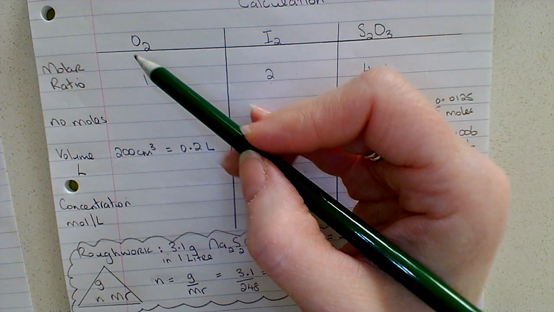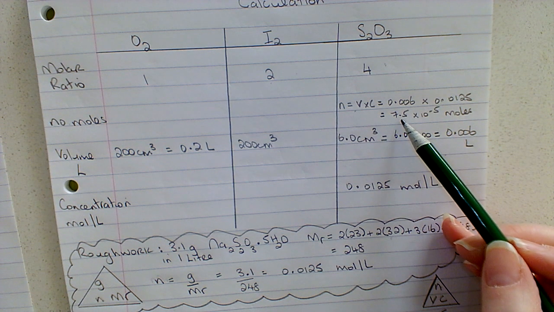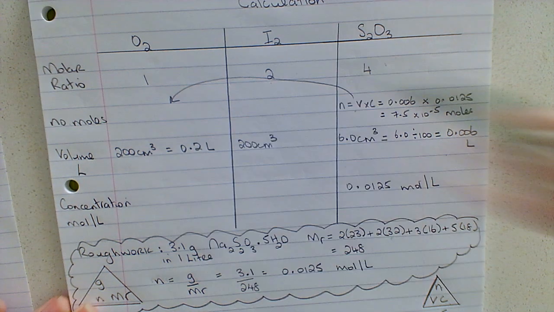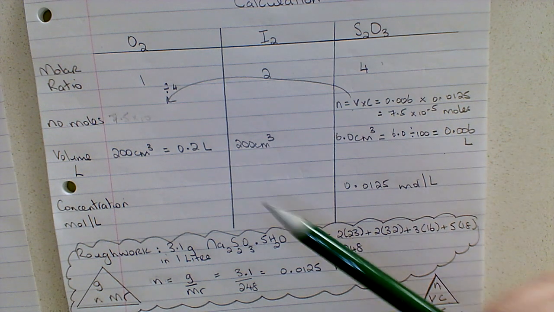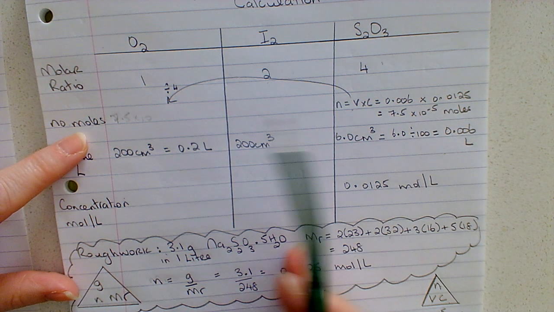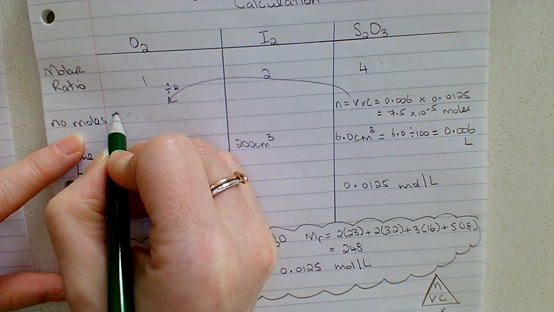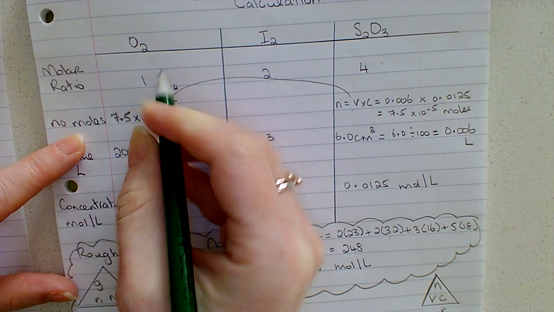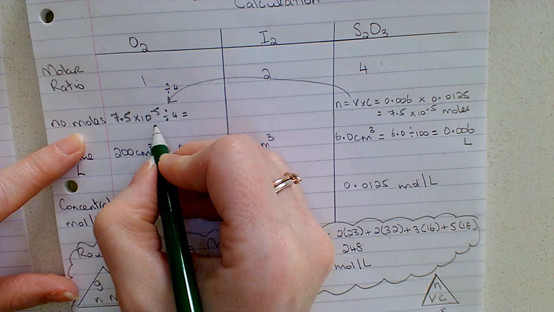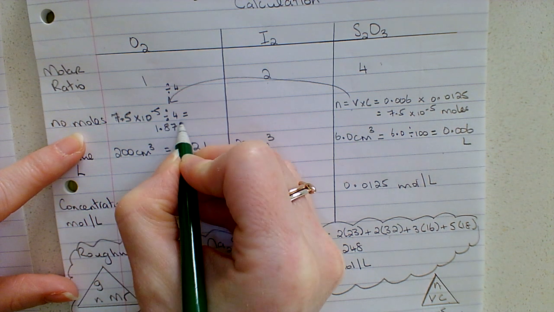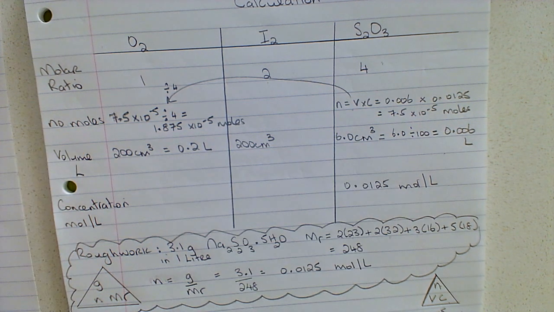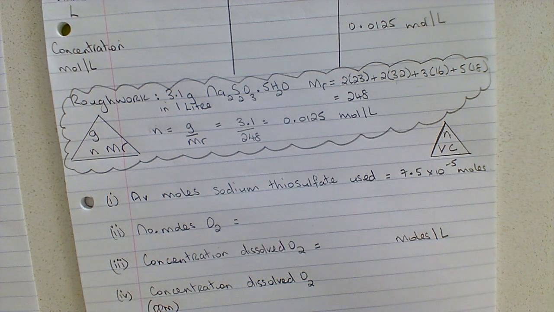So simply, I take my number of moles of sodium thiosulfate, 7.5 by 10 to the minus 5, and divide that by 4, and that will give me 1.875 by 10 to the minus 5 moles of oxygen.